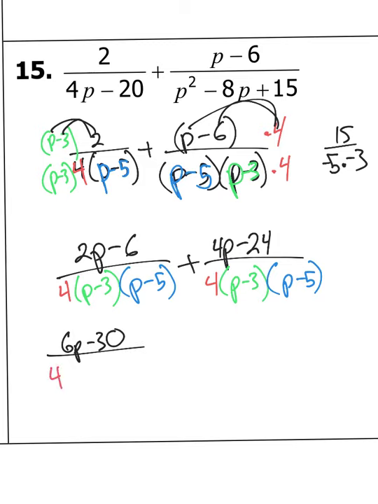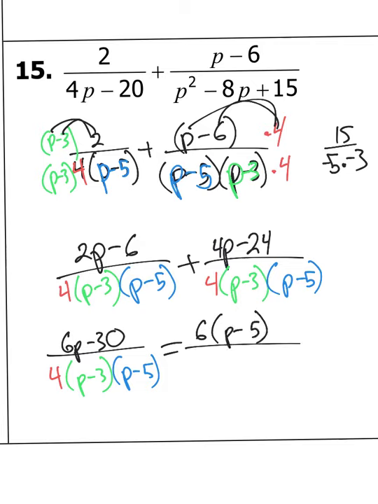Oh, I feel like something's gonna cancel out. All right, factor out a 6. Oh yeah, something's gonna cancel out. I'm just gonna forget about the color for a second, just so that I can get this done quickly. Bam, bam. This and this. 6 can be divided by 2. 4 can be divided by 2.